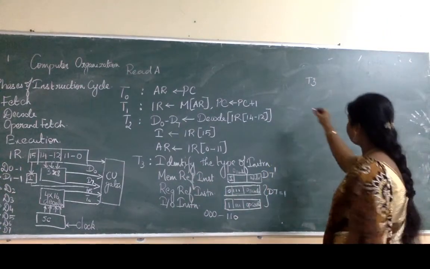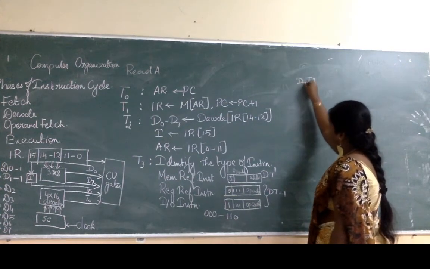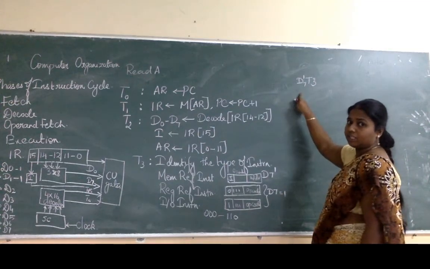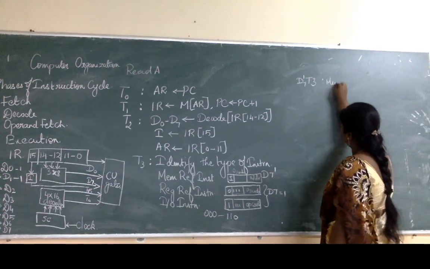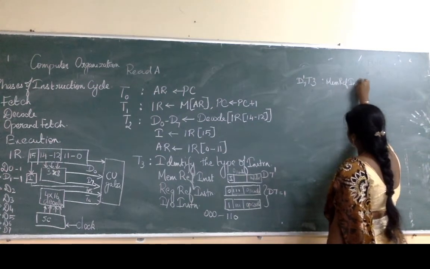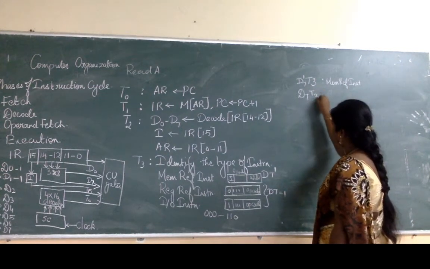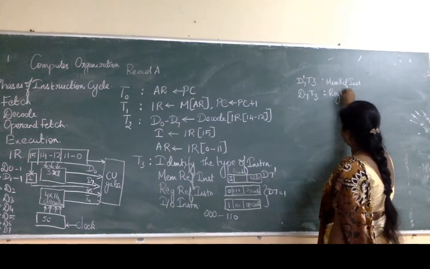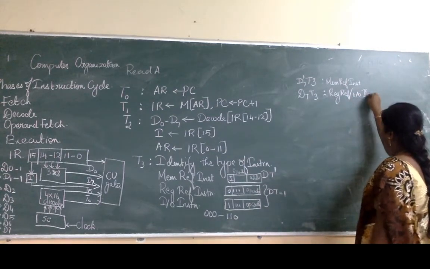So at time cycle T3, when D7 is complemented, D7 dash T3 indicates a memory reference instruction, and D7 T3 indicates a register reference or IO instruction.